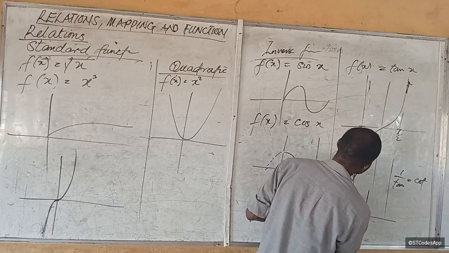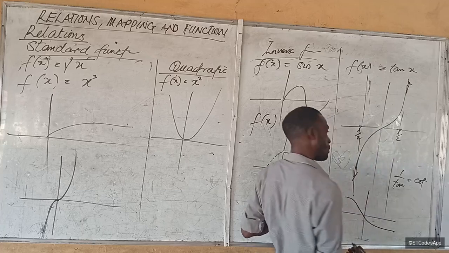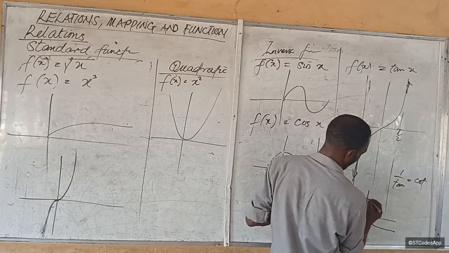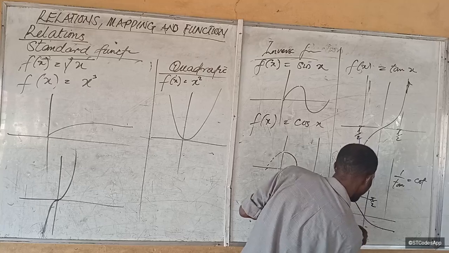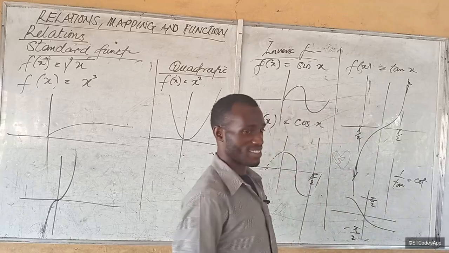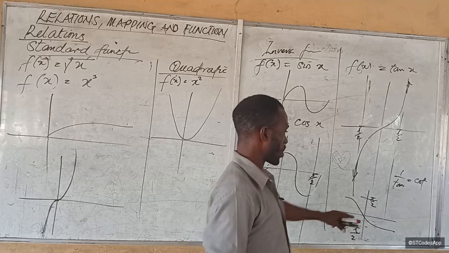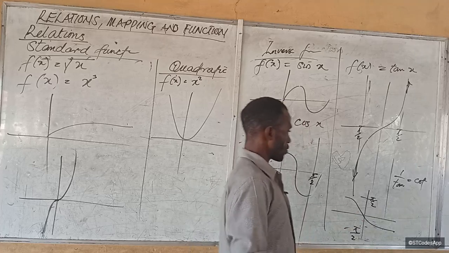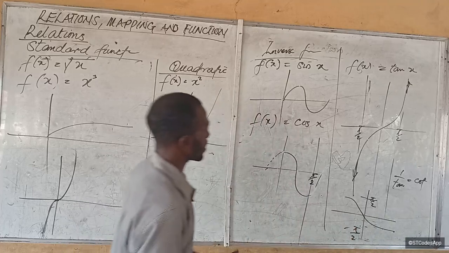It's going to come down, and then it's going to be between pi over 2 here and negative pi over 2 here. Do you disagree? No, right? Okay, this is going to be cot.